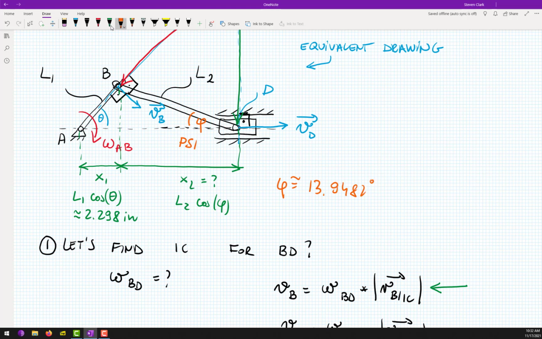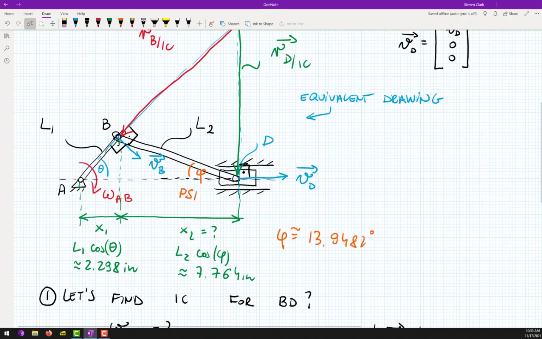If you grab your calculators, x2 is approximately 7.764 inches.